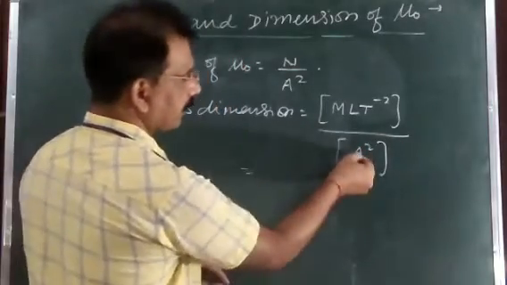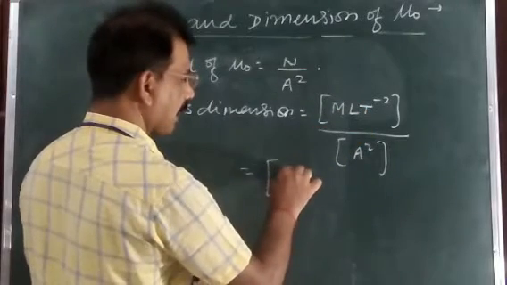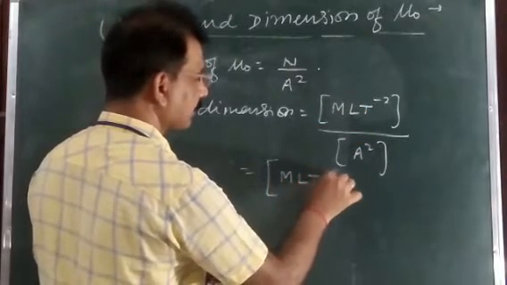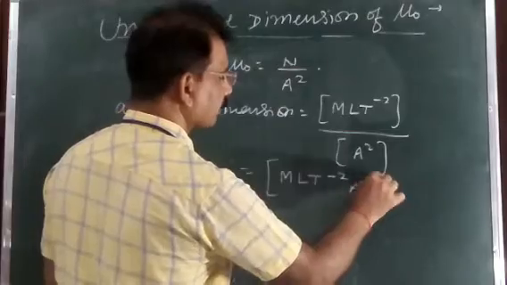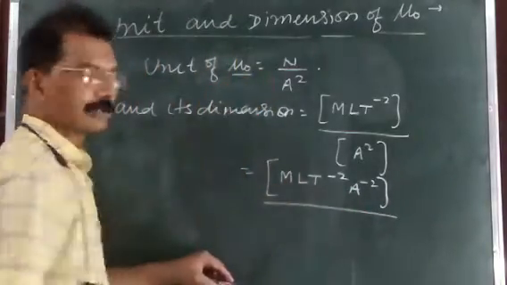And when you transpose this A square to the numerator, you can write M L T to the power minus 2 A to the power minus 2. So this one is the dimension of mu naught.